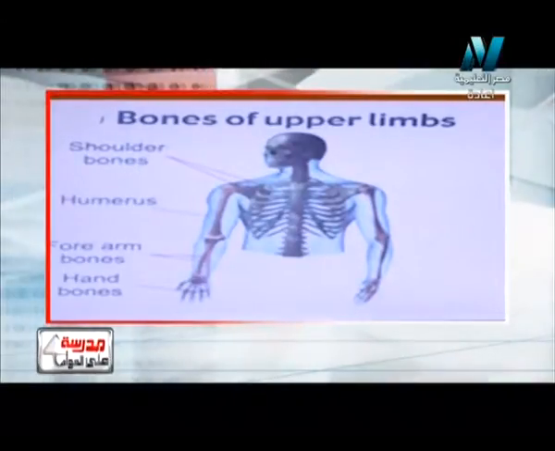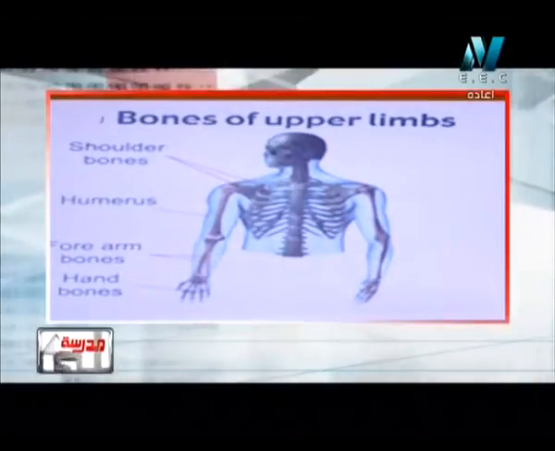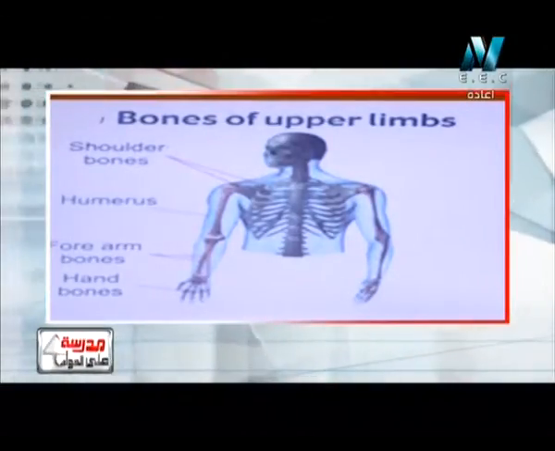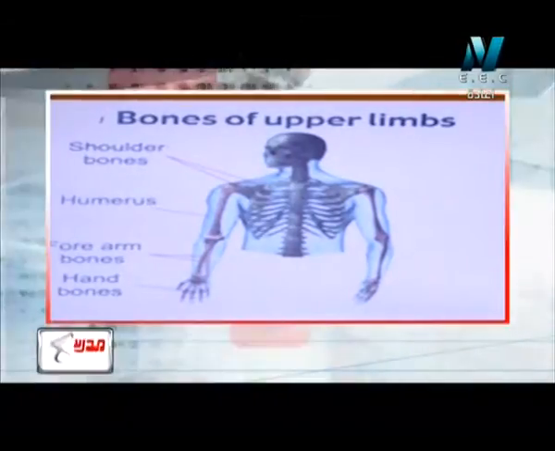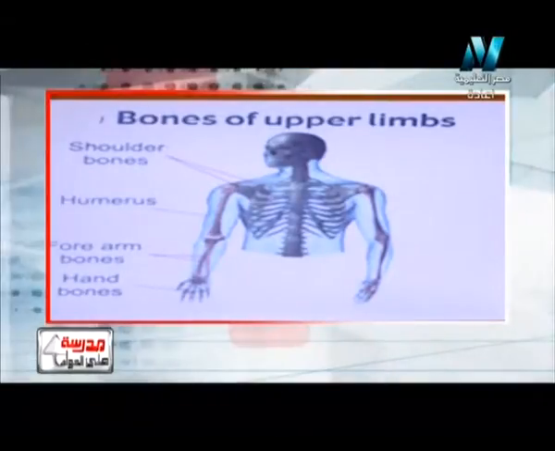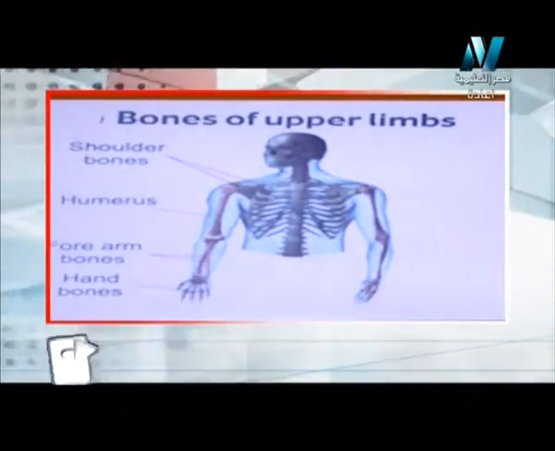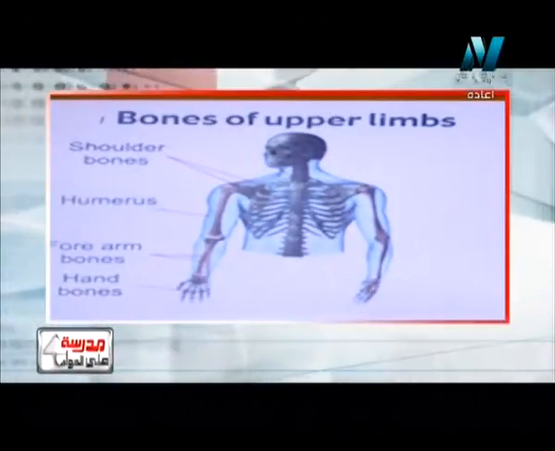So now I want to ask a very important question. How is the upper limb, all of it, connected to the body? I think the upper limb is connected to the body by the shoulder bone. يبقى ازاي بيتصل الupper limb بالجسم كله؟ By the shoulder bone. And we have a very important bone.